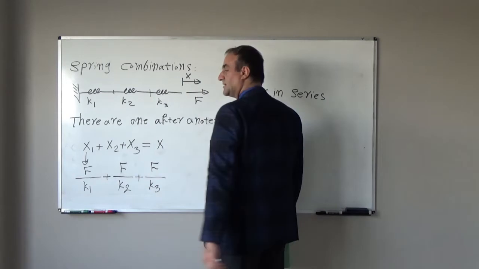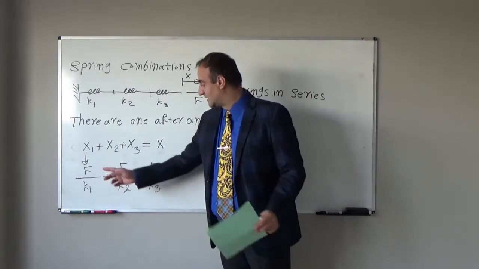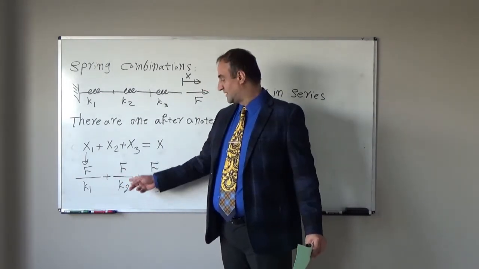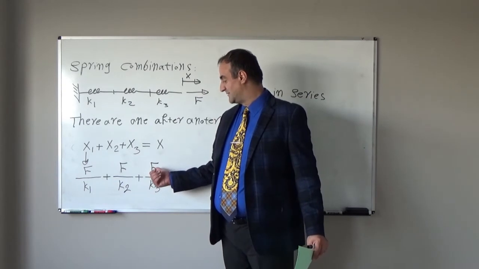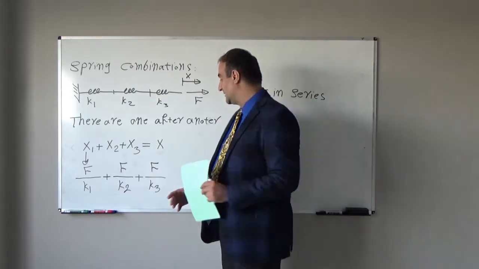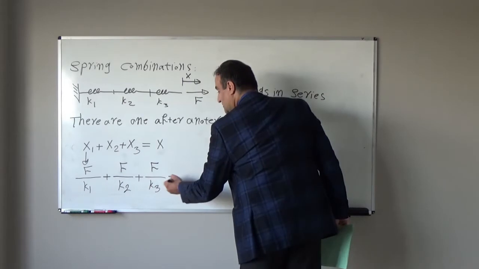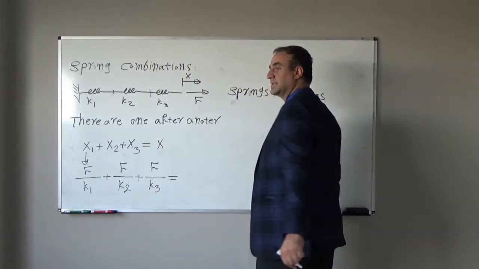Because all internal forces are constant, it is F divided by K1 plus F divided by K2 plus F divided by K3. So the summation of these will give us total deformation.